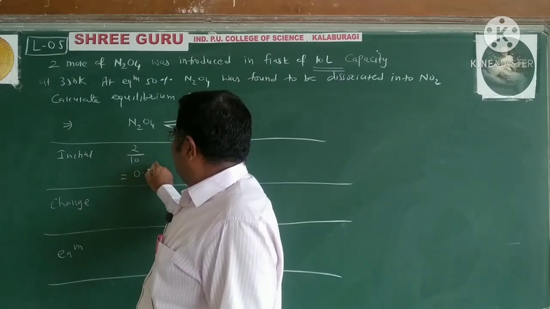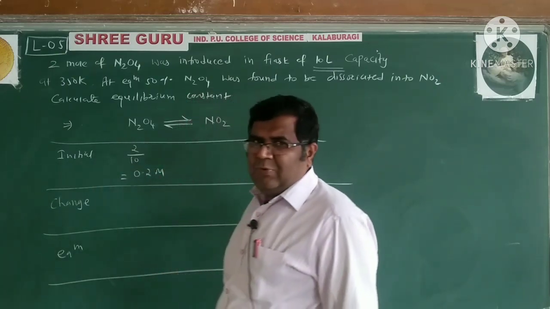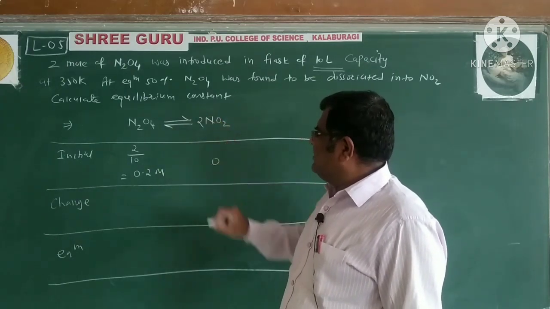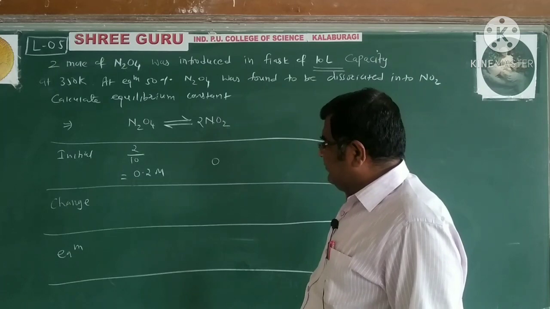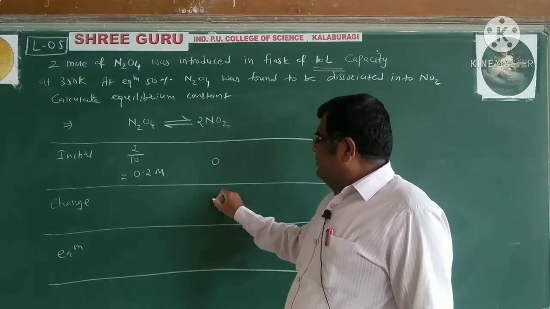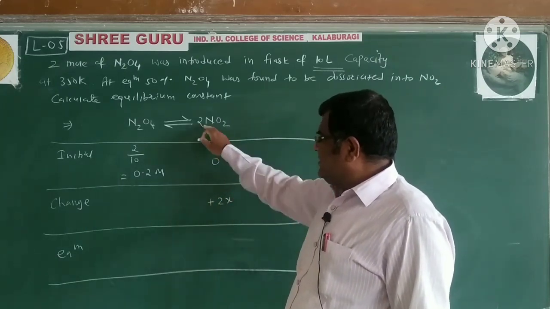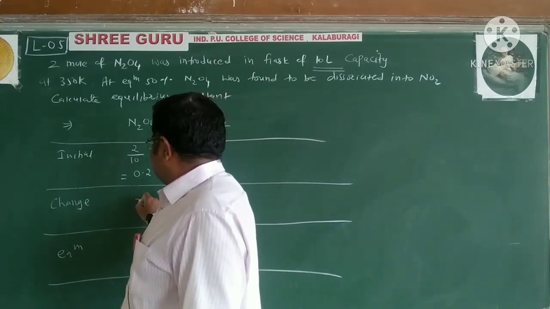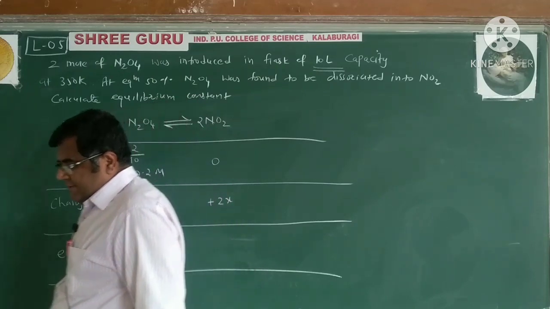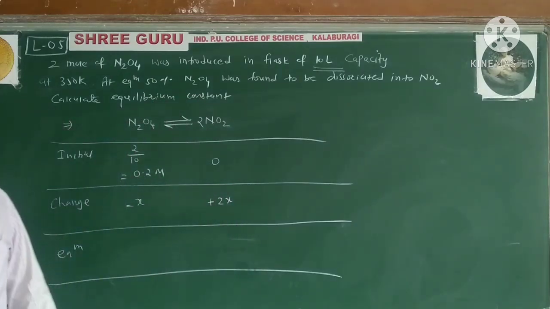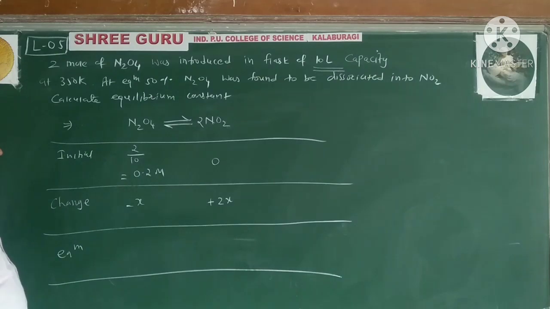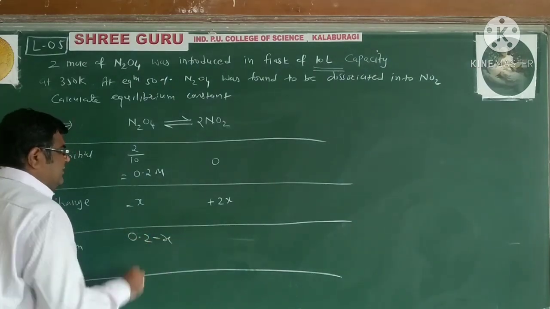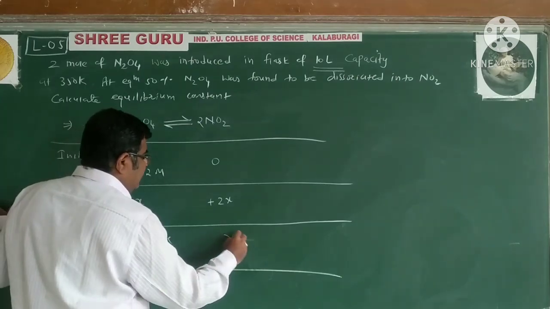So it is 0.2 mole per liter. Capital M means mole per liter. We have to balance this reaction, and the initial for NO2 is 0. Change will be plus 2x because there are 2 moles present here, and here it is negative x. X has to be dissociated. At equilibrium, 0.2 minus x, and this is 2x.